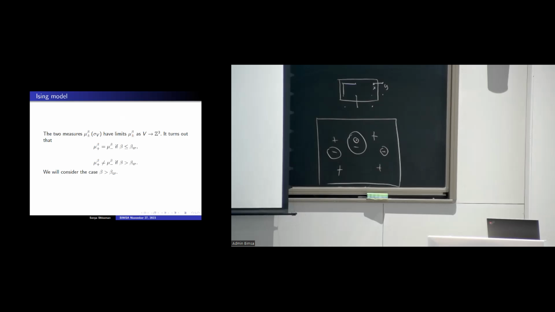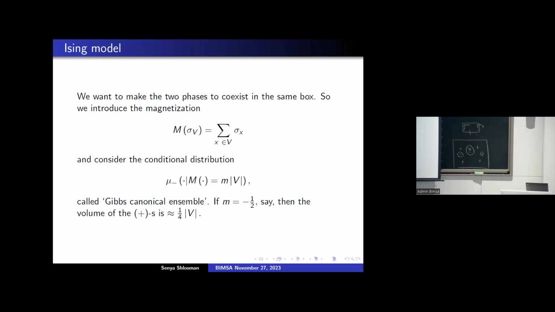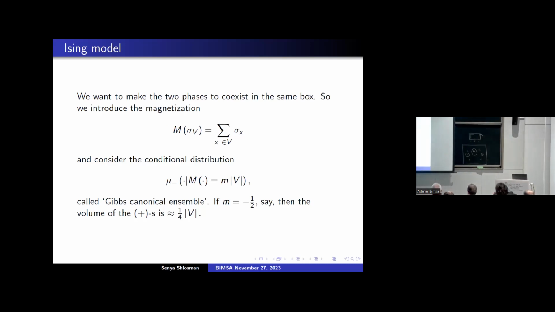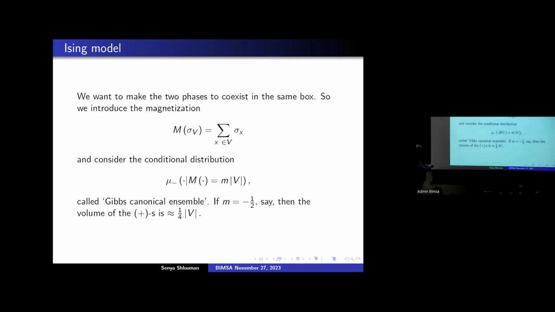Okay, the next thing we want to do is arrange our system in such a way that it will have two phases at the same time. We want to condition it so that the box would have plus phase somewhere and minus phase somewhere else. And what we do is what is written here. We have the probability distribution on all configurations of sigma x, but now we want to consider this conditional distribution.